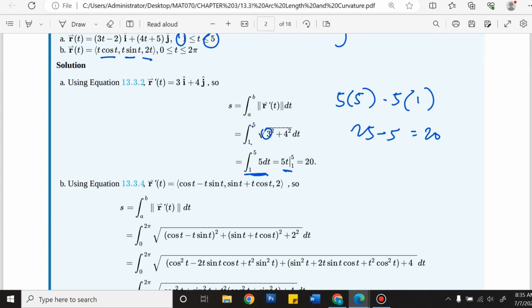Okay, so first we have t cosine t. Now, take note, what is the derivative of t cosine t?